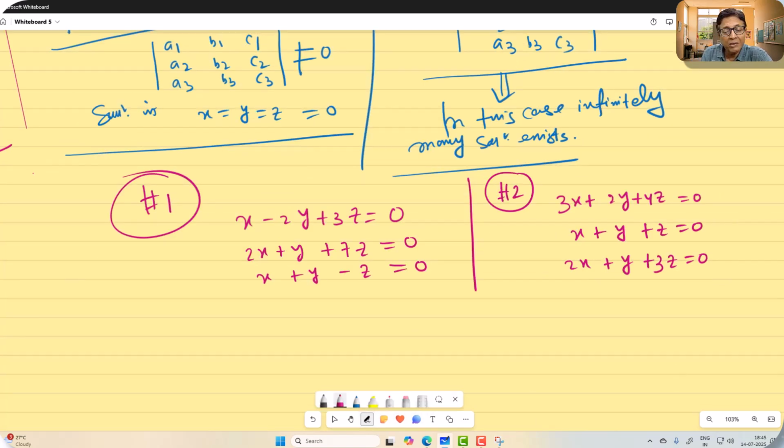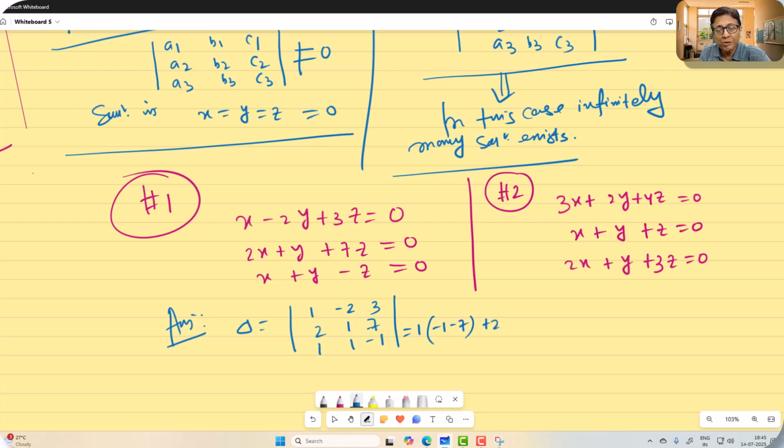For the first one, we'll find just delta. Delta is going to be what? The determinant 1, minus 2, 3, 2, 1, 7, 1, 1, minus 1. That is 1 into minus 1 minus 7, plus 2 into minus 2 minus 7, plus 3 into 2 minus 1.